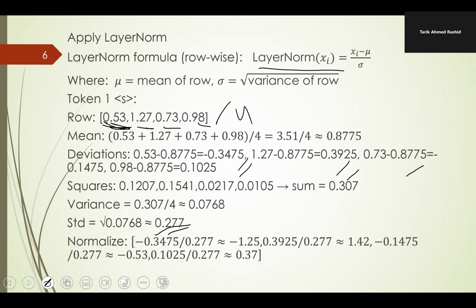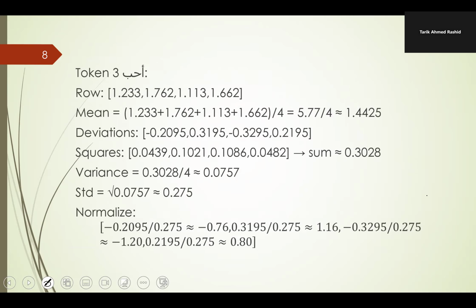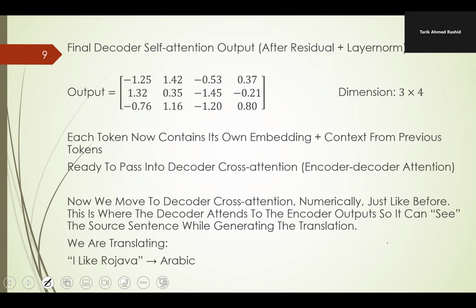So for the first row, that's the result. That's for the second row, and then the third row, again we normalize in this way. The final result would be this output for us.